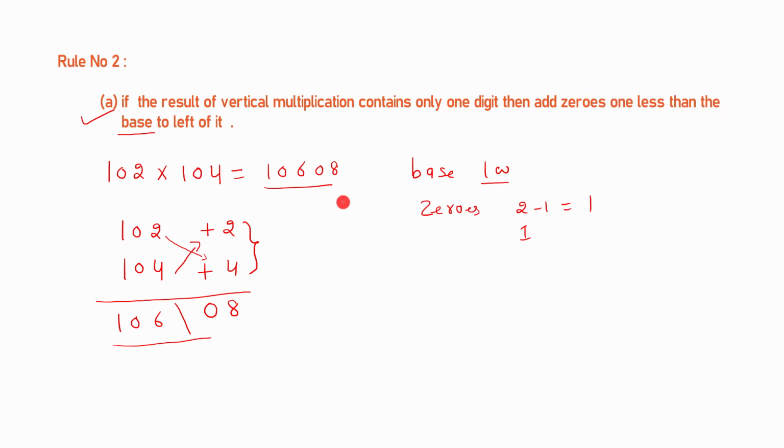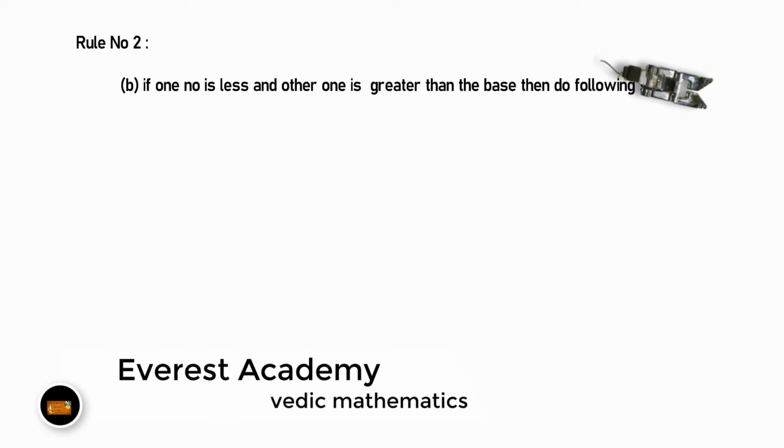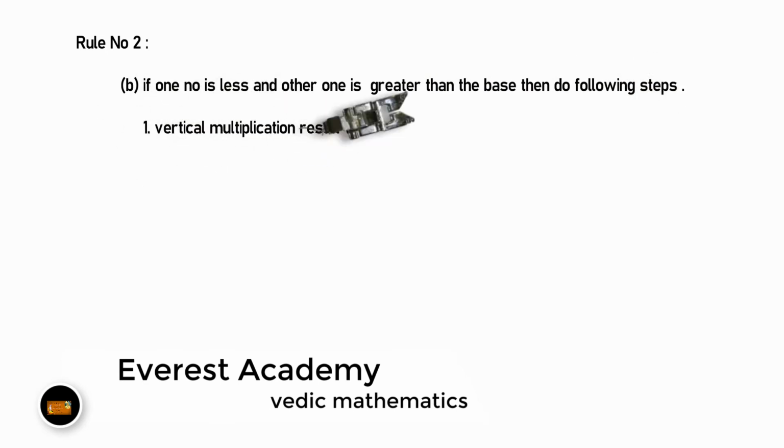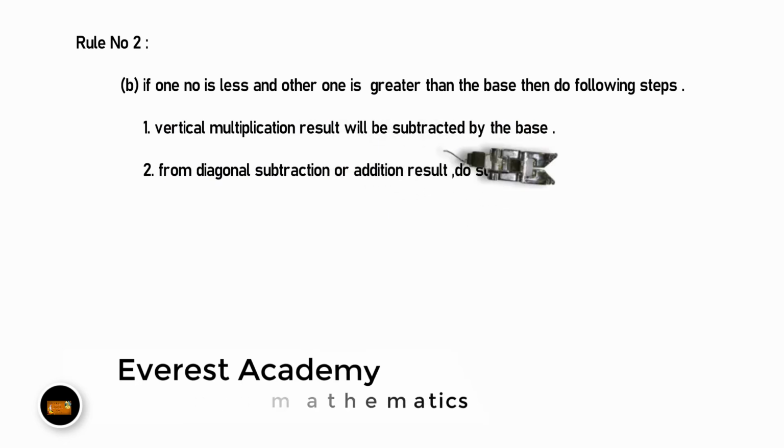Now move to the second part of rule number 2. In multiplication, if one number is less than and the other number is greater than the base, then we have to do two steps.